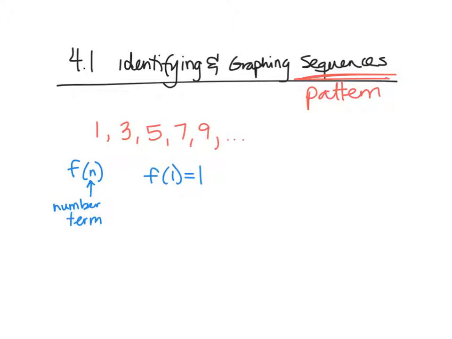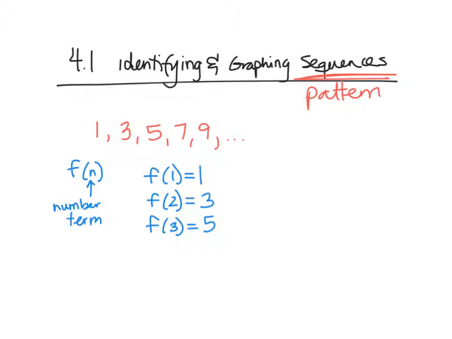What that means is that the first term is 1. We could also say f of 2, the second term, is 3. Or we could say the third term is 5. So again, this part in parentheses is the term we're talking about, which position it's in. And on the other side, it's telling us exactly what the value is of that position.